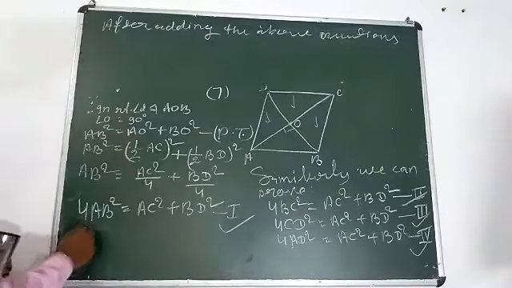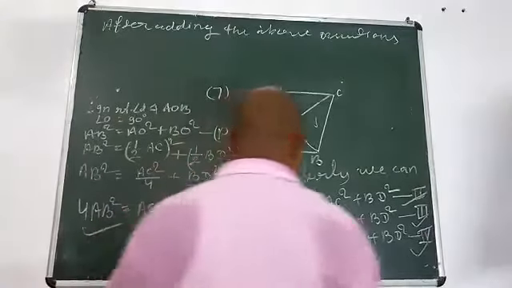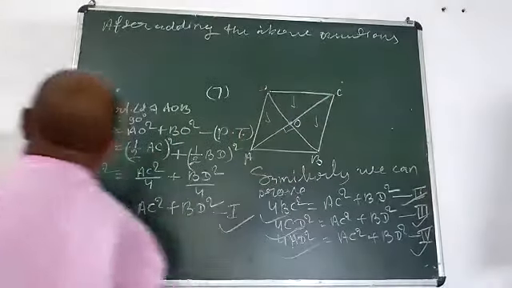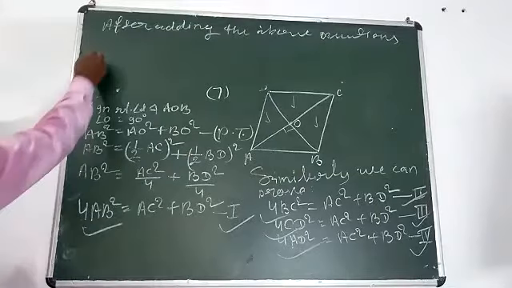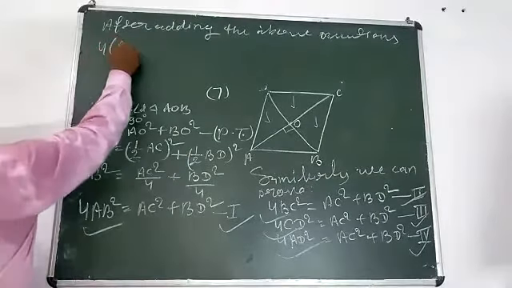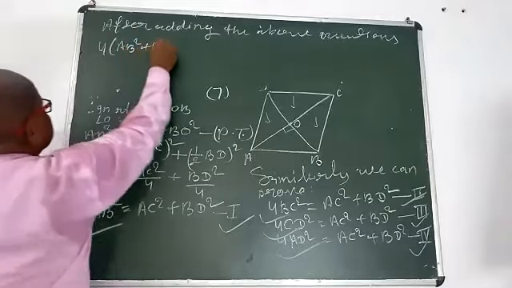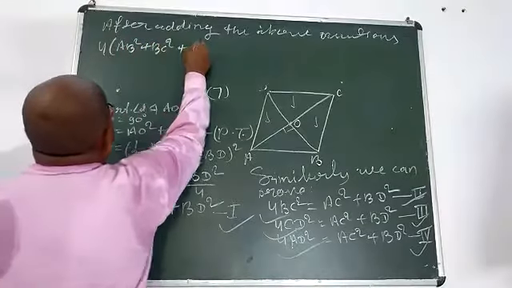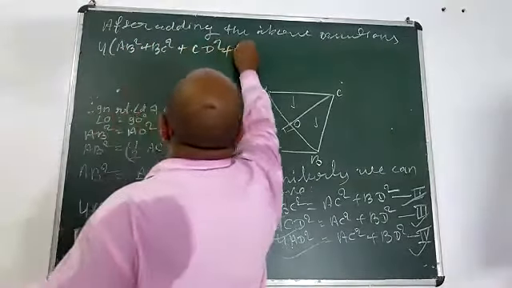How can you add 4AB square, 4BC square, 4CD square, 4AD square? By taking common 4, you can write AB square plus BC square plus CD square plus AD square.